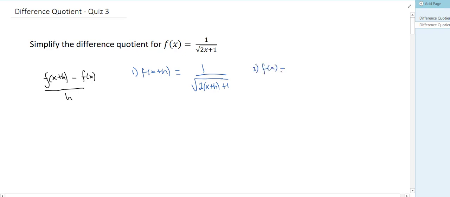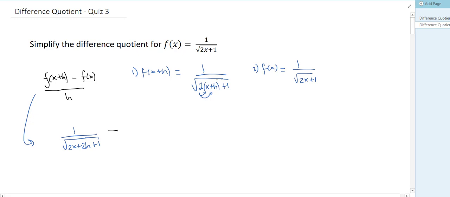And then f of x is still just the original function, so I don't change anything. Putting it together, then f of x plus h becomes 1 over the square root of, and we can distribute this 2 in. So I'm going to have 2x plus 2h, and then plus 1. This is still all under the radical. And then we have minus f of x.